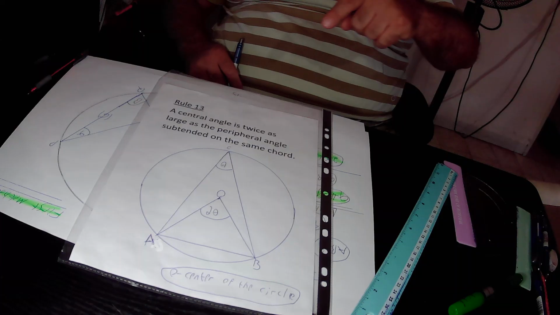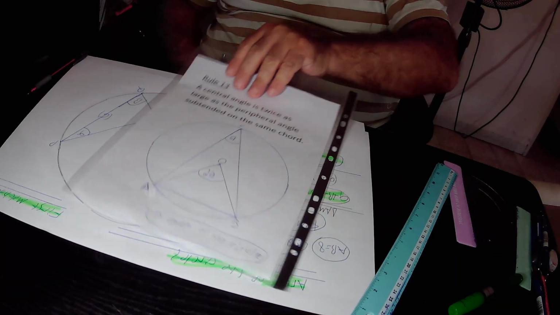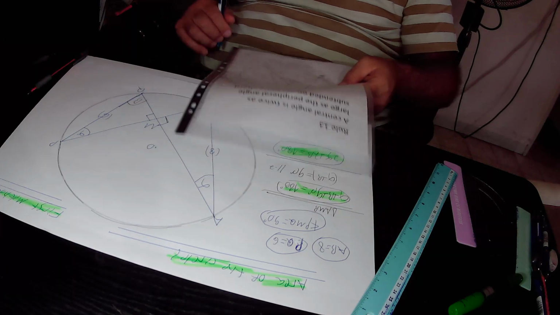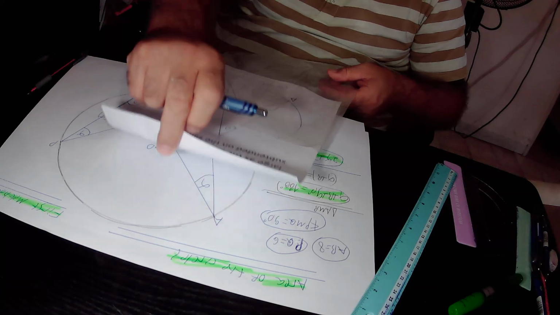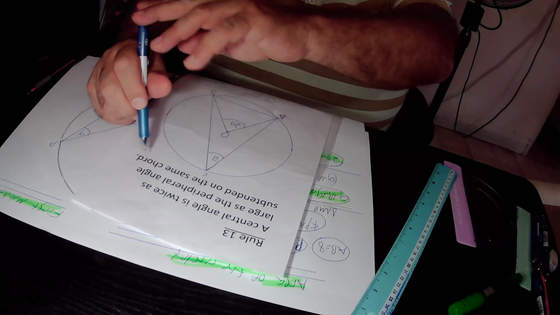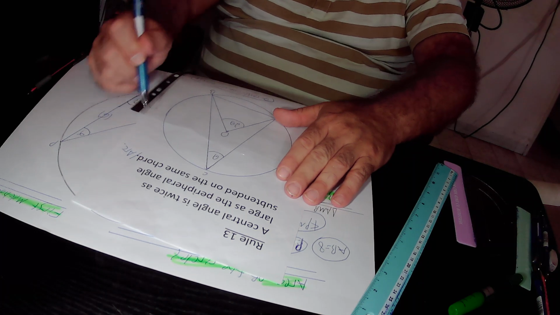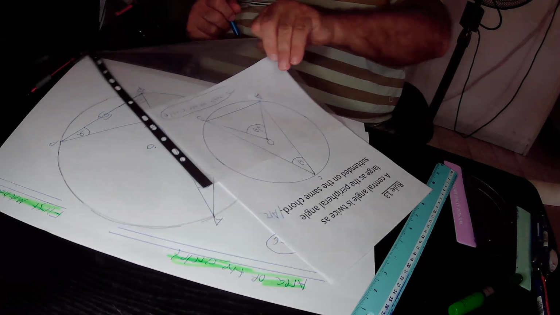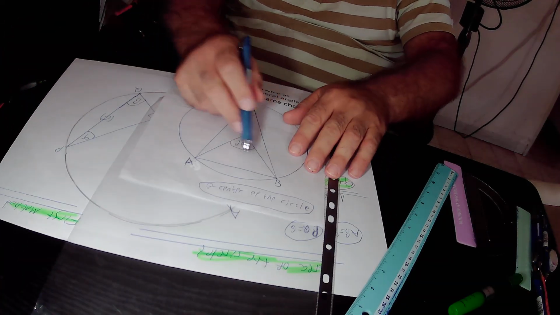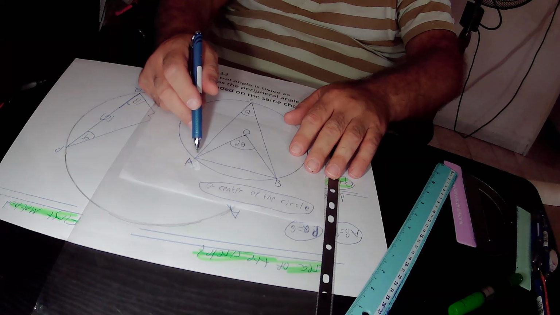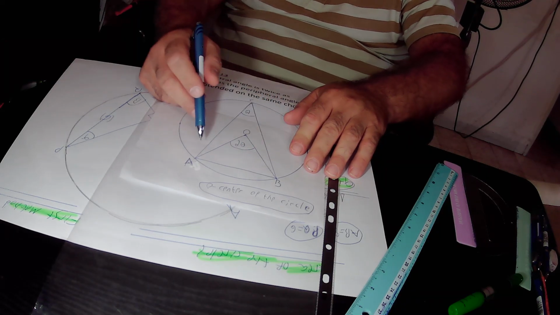It doesn't matter if you are talking about a chord or arc. So it is on the same chord or the same arc. Because if it's subtended on the same arc AKB, it is also subtended on the same chord called AB.